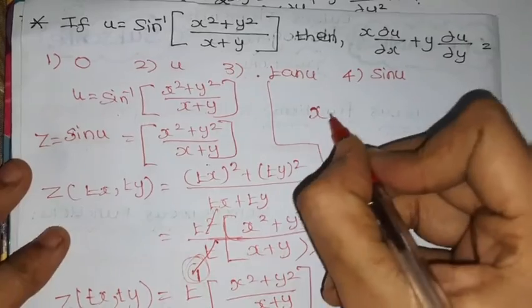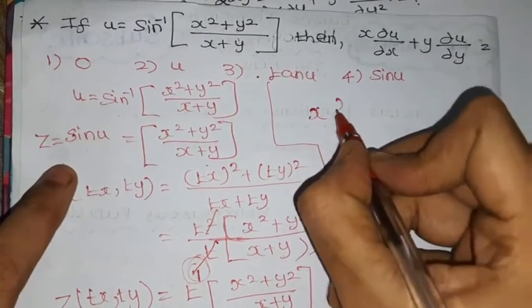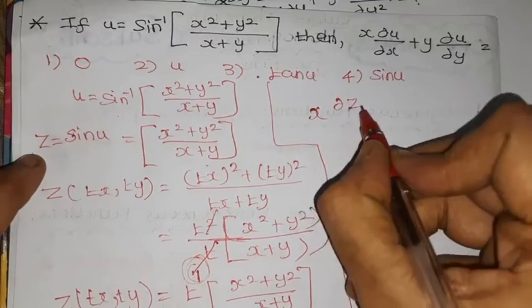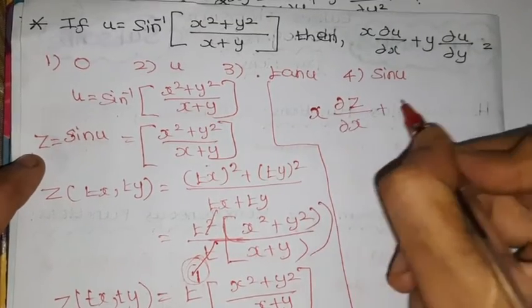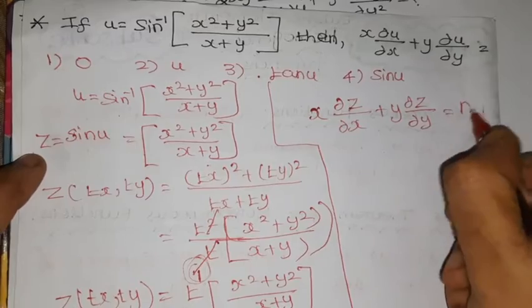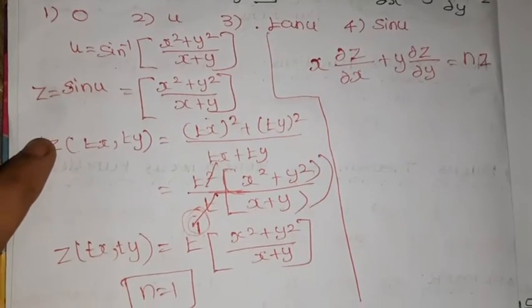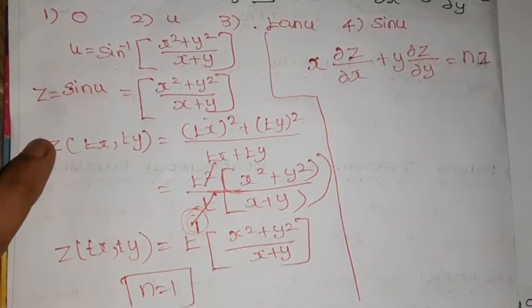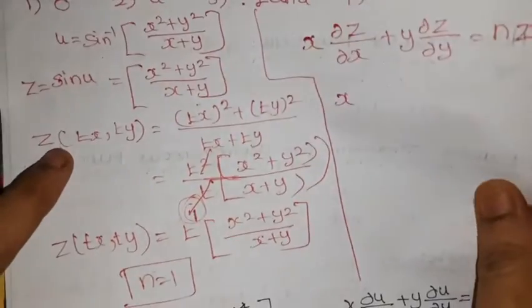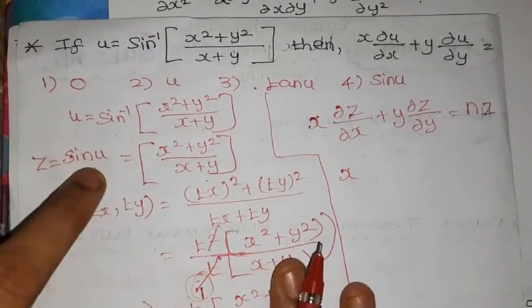So what we need then: z is a function of x and y, so x dou z by dou x plus y dou z by dou y equal to n into z, right? So what is n here? n is equal to 1. So substitute n, and what is z here? z is nothing but sin u.